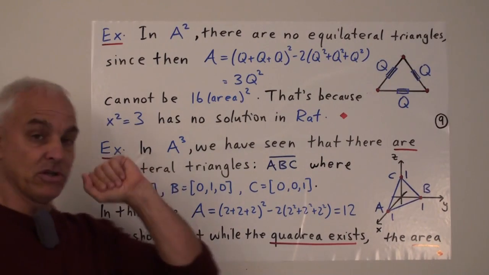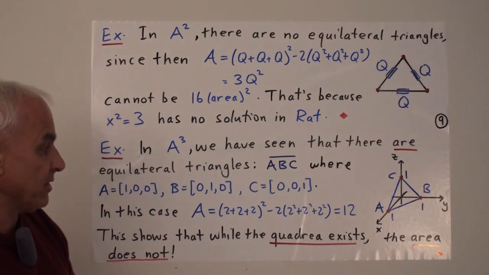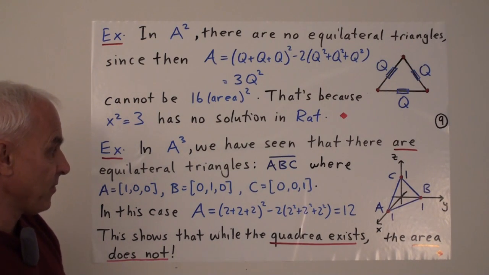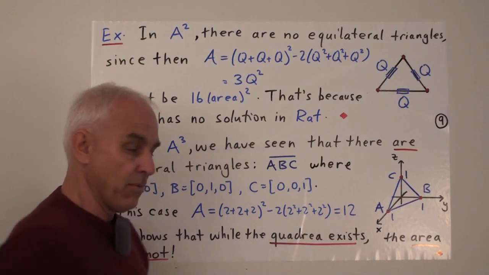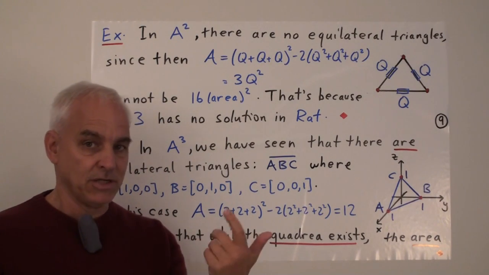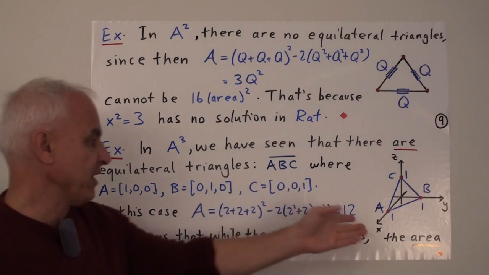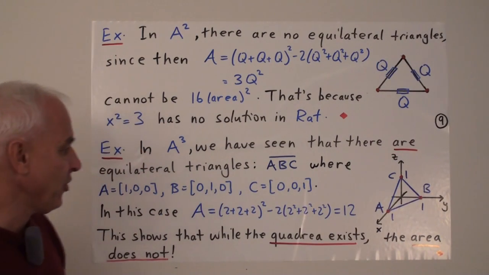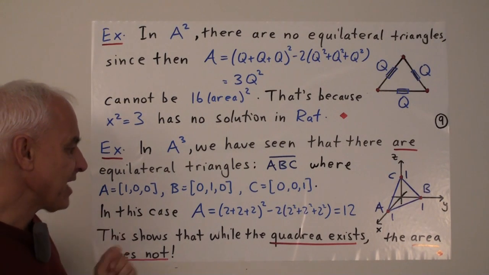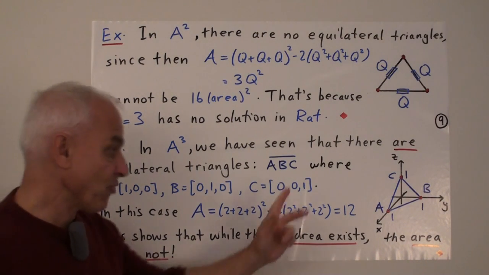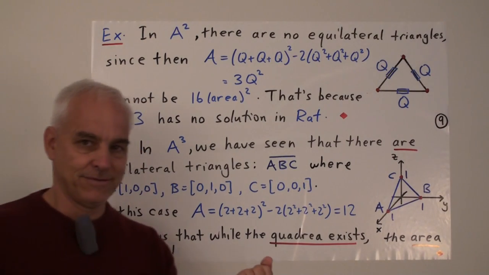But in three-dimensional space, we have just seen that there are, in fact, equilateral triangles. In fact, very simple, elegant ones. For example, the triangle ABC consisting of these 3 points, which are each at the unit position on each of the 3 coordinate vectors. So this triangle definitely exists, all the quadrances are 2, and we've seen that the quadrea is 12. So in this case, the triangle exists, the quadrea exists, but the area does not.